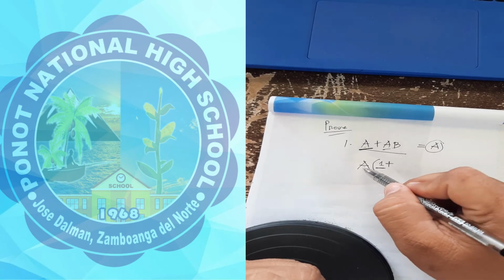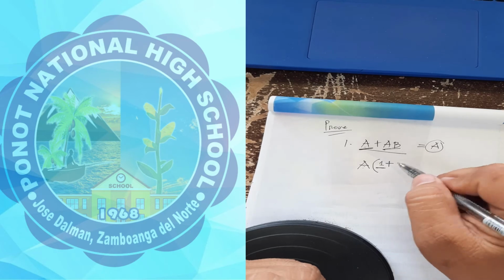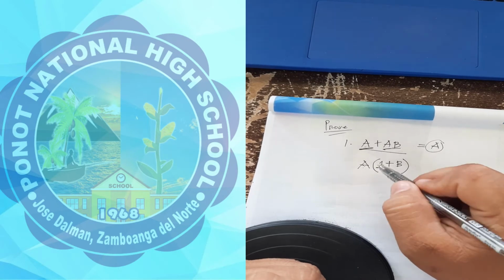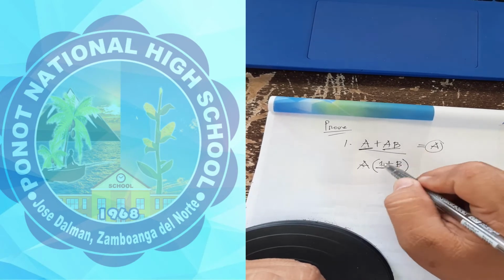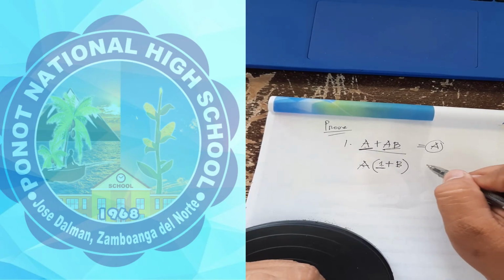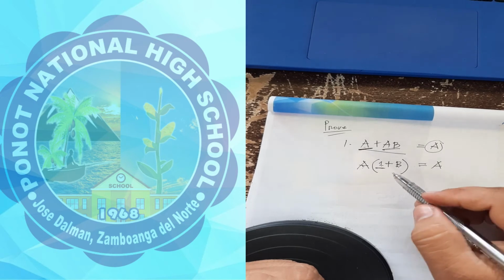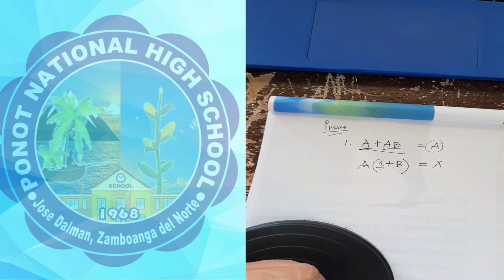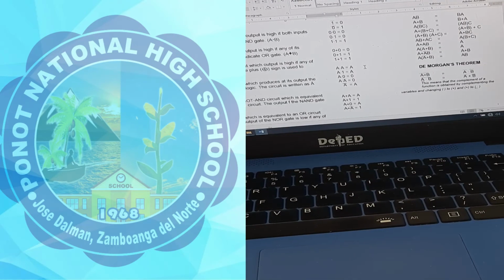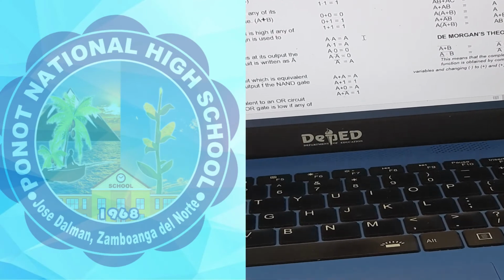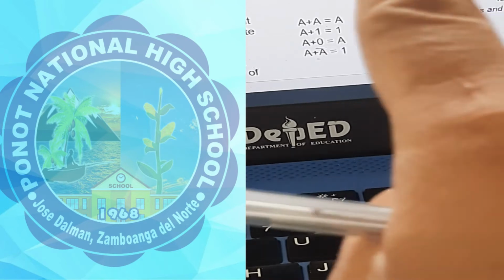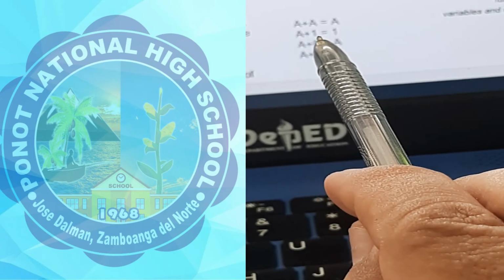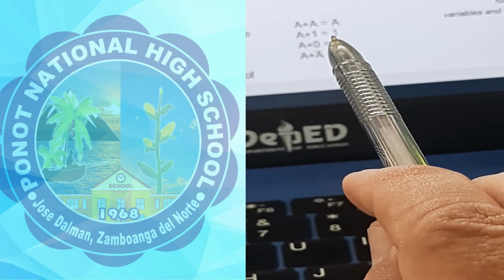What do we multiply to A to get AB? Let us put B. A times 1 is A, A times B is AB. It should be equal to A. As you can see, this 1 plus B, if we look at the postulate, 1 plus B is the same as A plus 1 or 1 plus A, or B plus 1 or 1 plus B. It is the same as that one.